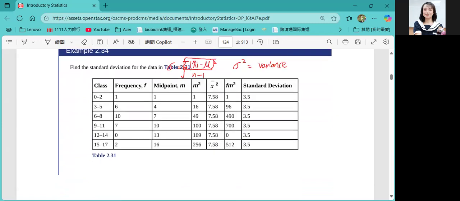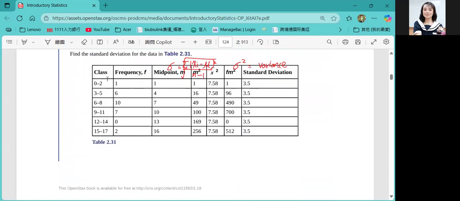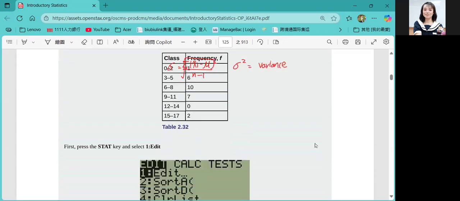So even if we have the 0 to 2 interval, for the frequency we choose the midpoint. 3 to 5, the midpoint is 4. 6 to 8, 7. 9 to 11, 10. 12 to 14, 13. 15 to 17, 16. So for this one, let's do the midpoints: 1, 4, 7, 10, 13, 14.